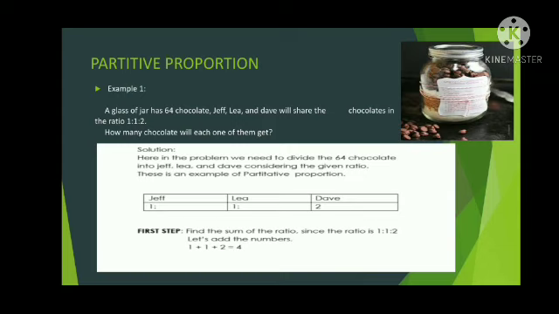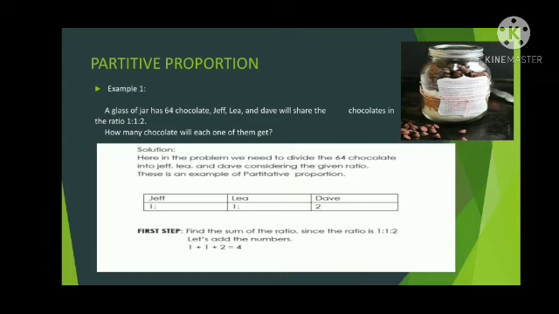So we need first to write a table corresponding to the ratios of Jeff, Leia, and Dave respectively. So for Jeff, we have 1, Leia, which is 1, and Dave, which is 2.